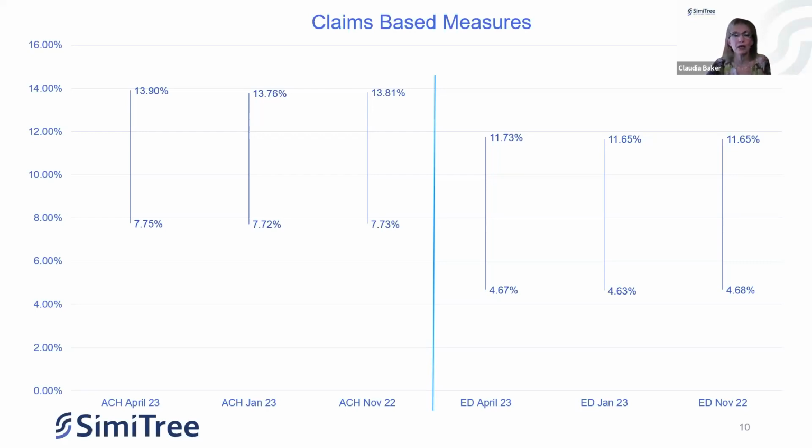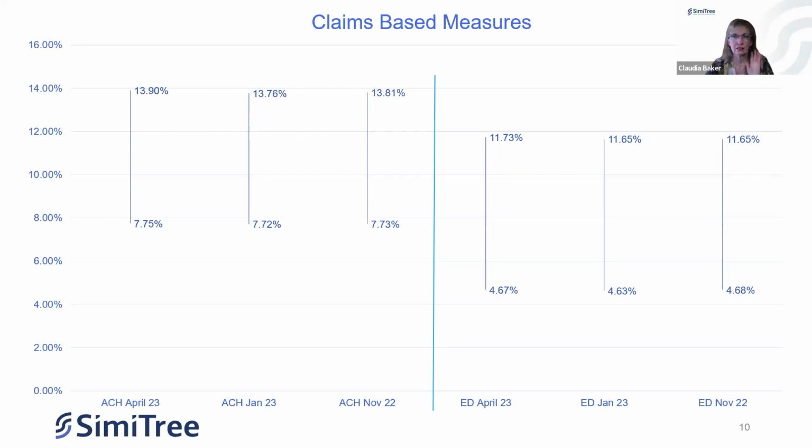Remember, the lower the number, the better. So really the target that you're trying to hit, the 7.75, 7.72, or 7.73, really haven't changed. It's not varying all that much. So we can really take this information and not worry that it's going to immensely change from what we will see next year and going forward.